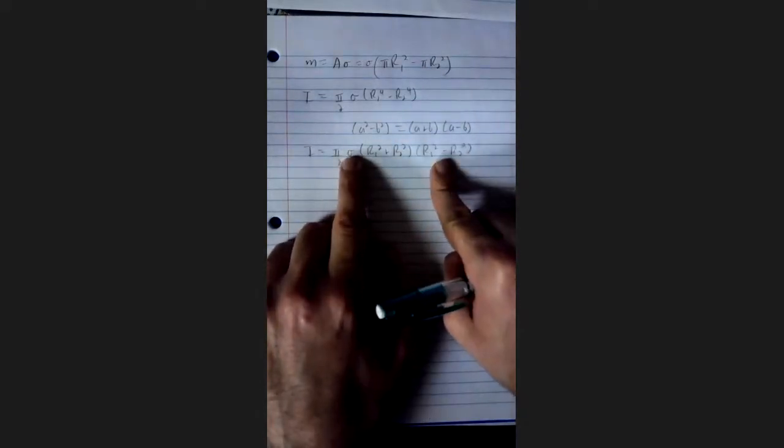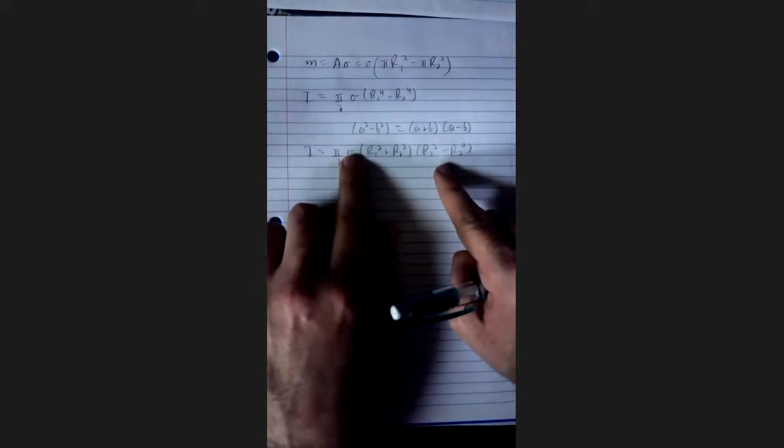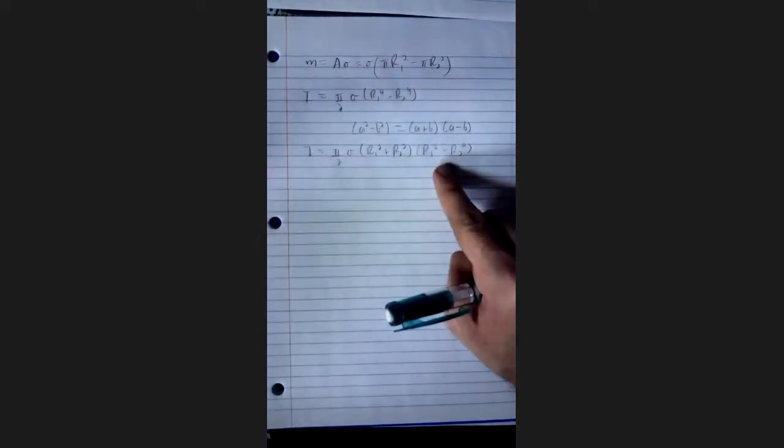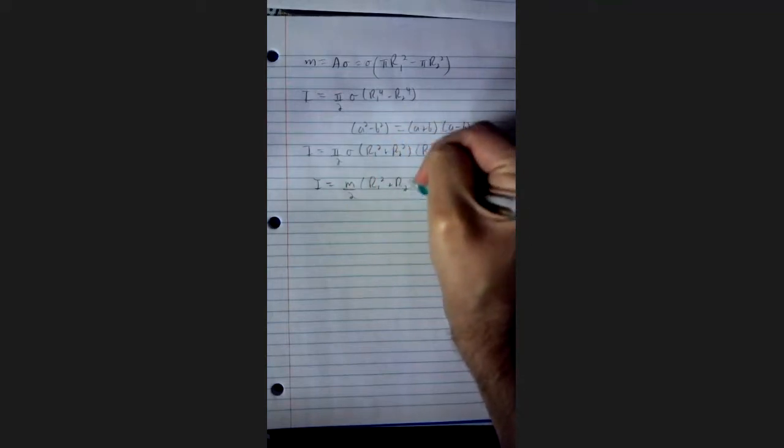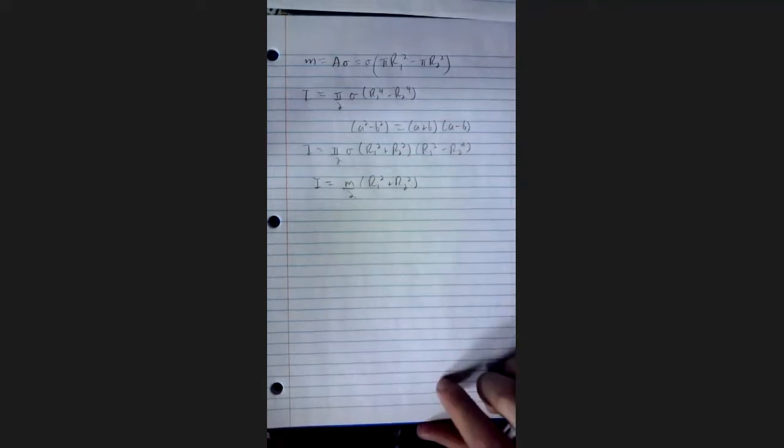So if we have pi times sigma times this thing, that is the area. So without the sigma, that's the area. And then with the sigma, that's just our mass. So we can replace that with our mass. And our moment of inertia is our mass over 2 times r1 squared plus r2 squared. Okay. So that one's a little harder than I intended it to be.